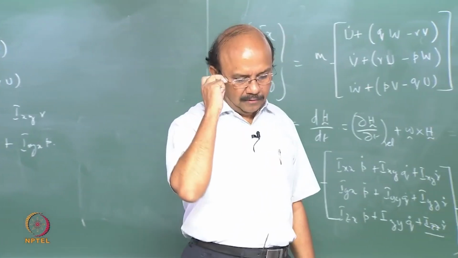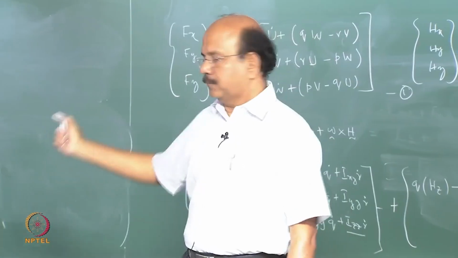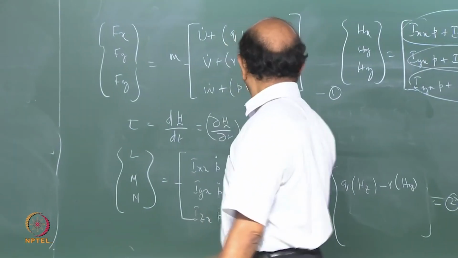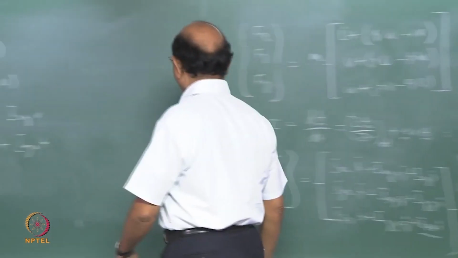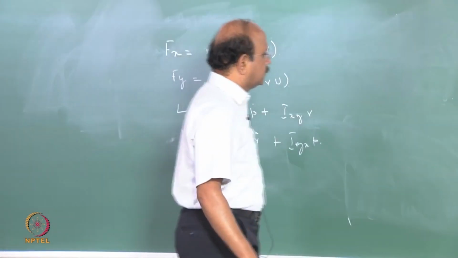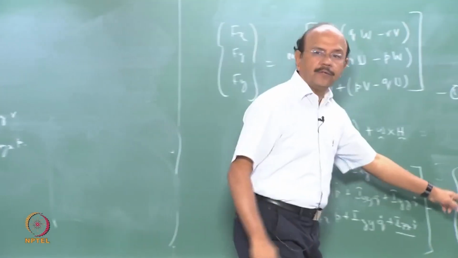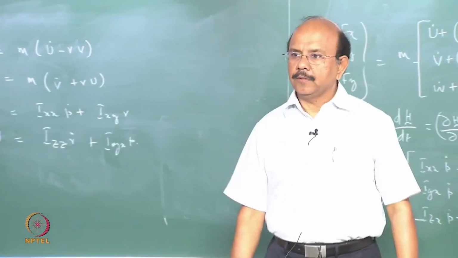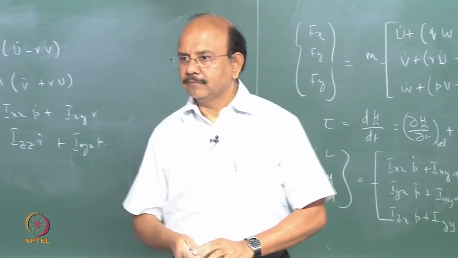For M, you can, yeah, right. Sorry, N. You're right. And that would be, okay, that's the first, that's this term. And you can write this down. I think you should have Izx into P. Yeah, you're right. Good.